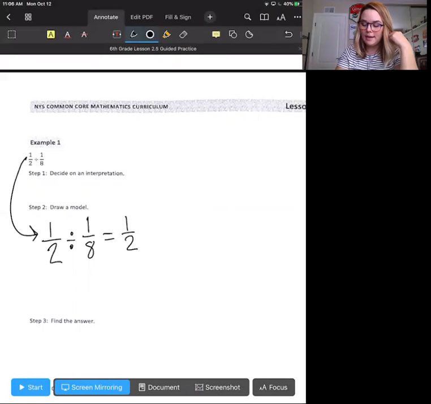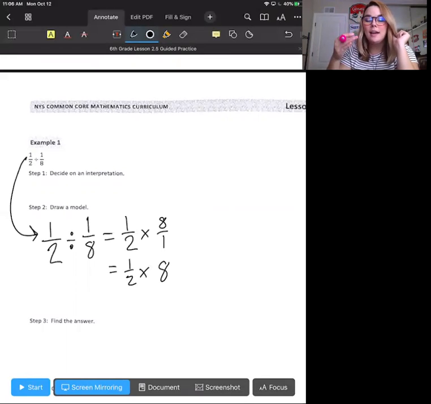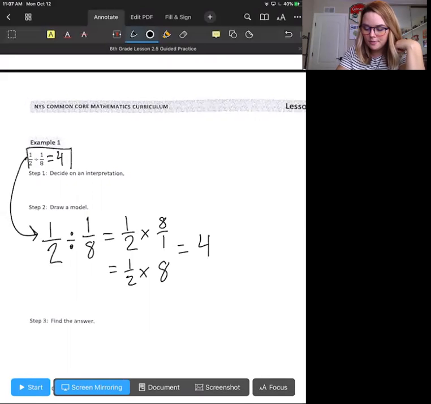So we'll have 1/2 times 8 over 1, which is the same as saying 1/2 times 8. If we multiply 1/2 times 8, it's like we're taking 8 and cutting it in half. And half of 8 is 4. So we know that 1/2 divided by 1/8 is equal to 4.